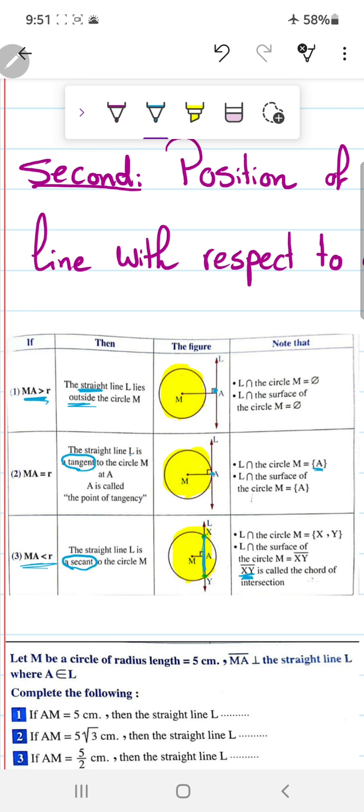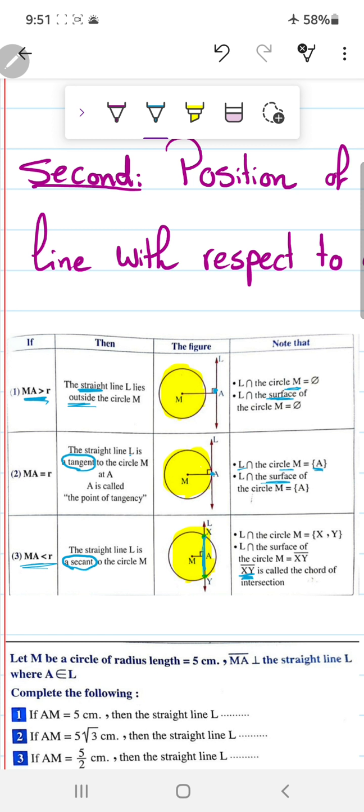So focus on L intersection M or L intersection the surface area. Surface means the shaded part, as we have here in the 3 figures. So the position of a straight line with respect to a circle: if MA is greater than R, the straight line is outside the circle.